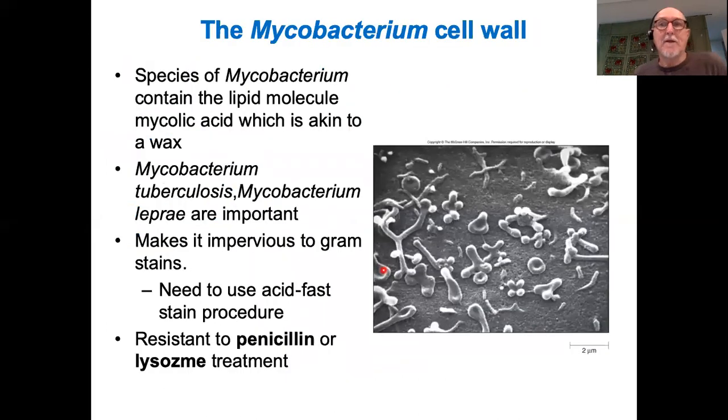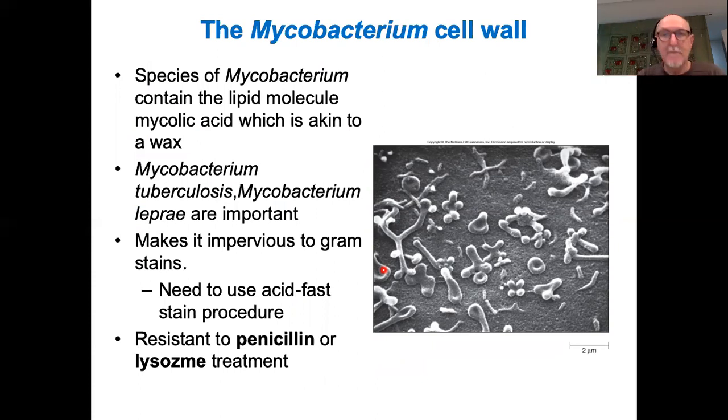Okay, this is the one group of bacteria without a cell wall that we must be aware of. And this is Mycobacterium. I'm sorry, I just made a stupid mistake. Forget what I said about not having a cell wall.